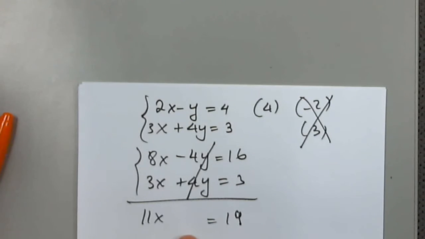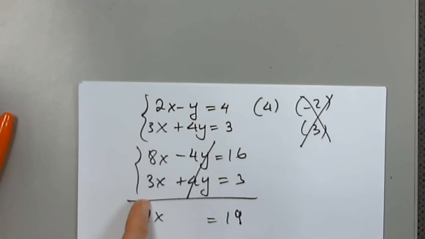That's the concept behind the third row operation. And that's it: swap rows, multiply or divide both sides, or multiply one row by a specific number and add the result to another row. Correspondingly, like we did here, 8x is added to 3x, -4y is added to 4y, and 16 is added to 3.